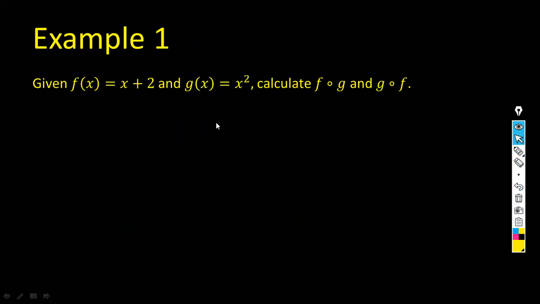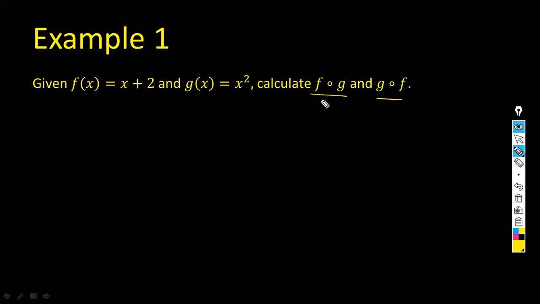We're gonna go through 3 examples. Given f of x equals x plus 2 and g of x equals x squared, calculate f composed with g and g composed with f, or f circle g and g circle f, or f of g and g of f.